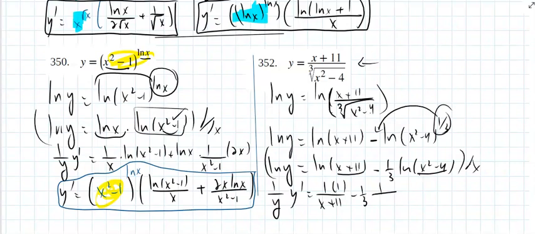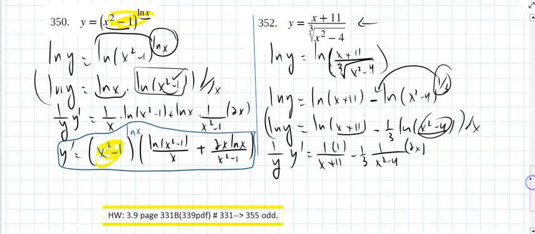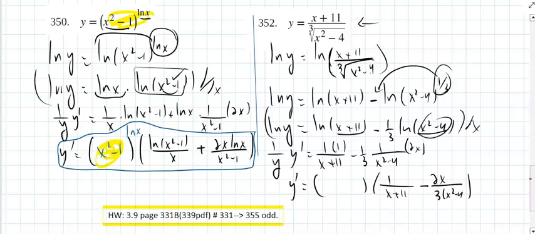Derivative of a natural log is 1 over x squared minus 4 times the derivative of the argument, which is 2x. And if I cross multiply, pretty much I'm done. So what was y? Because when I multiply, I'll get y. Here I'll get 1 over x plus 11 minus 2x over 3 into x squared minus 4.